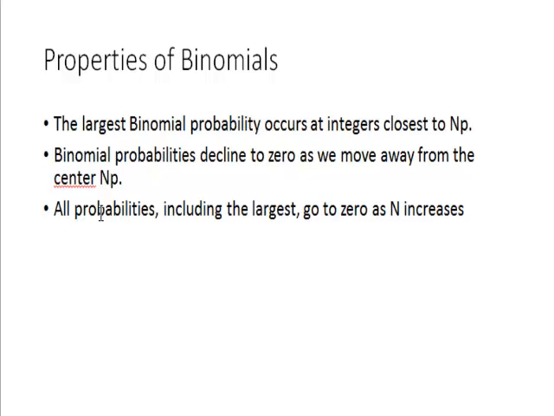Now, what we are going to do is build upon this and consider many properties of the binomial. Basically, everything that is in statistics and in probability can come from the properties of the binomials. So we start with the simplest properties. First of all, the largest binomial probability occurs at integers closest to NP. What is this saying?